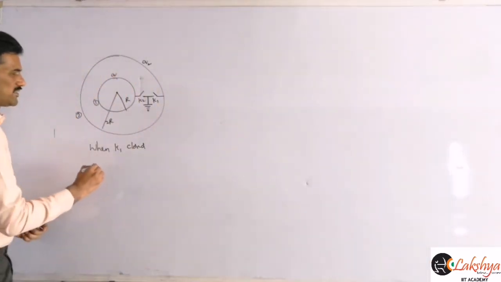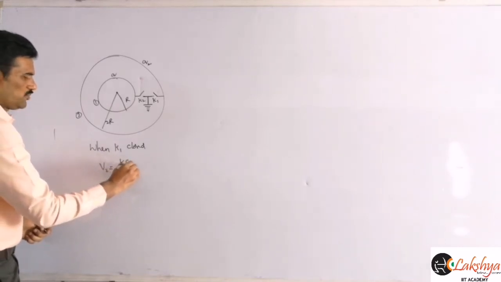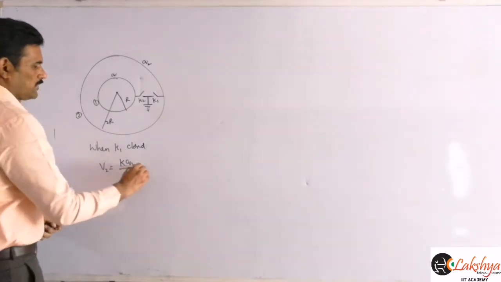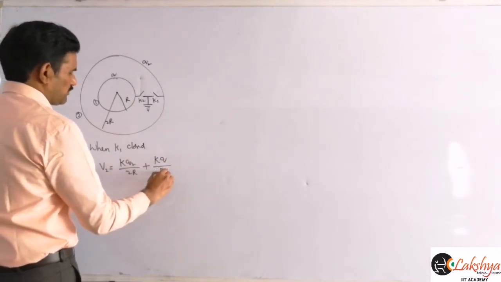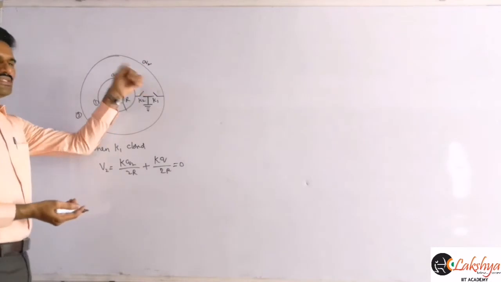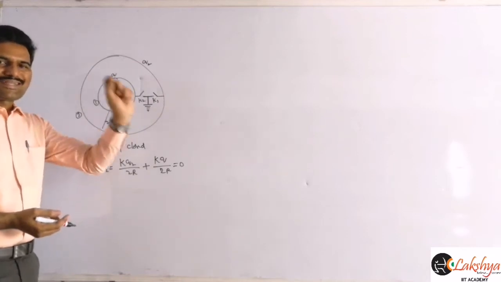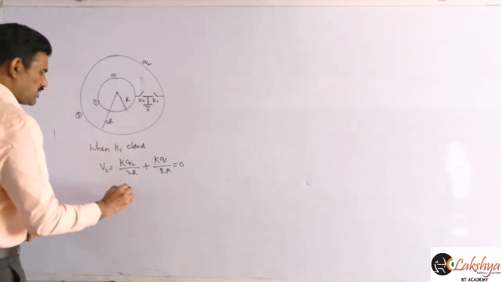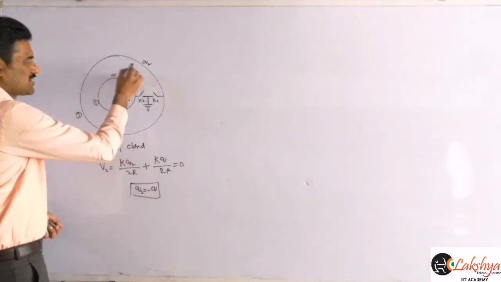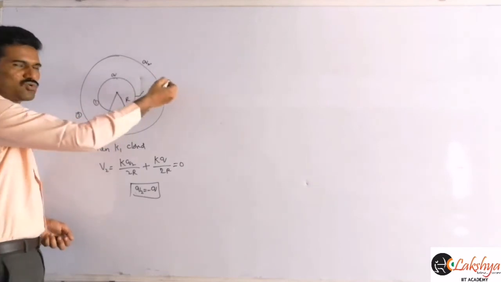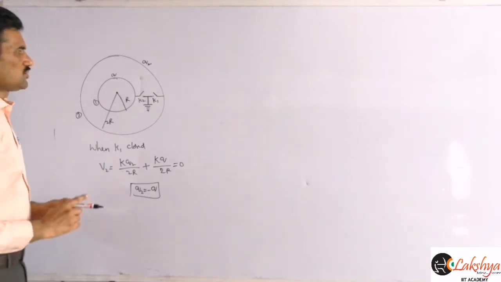So the potential V2 we can write as KQ2 by 2R plus KQ by 2R, and this is equal to 0. Q2 is the net charge I am assuming, some charge may be present here and some here. From this you will get Q2 is equal to minus Q. So if this Q is there, then minus Q will be there here, and outside the charge will be 0. So the net charge on that shell will be minus Q.